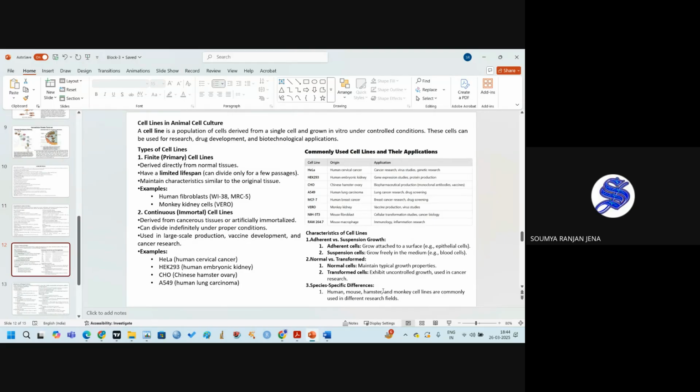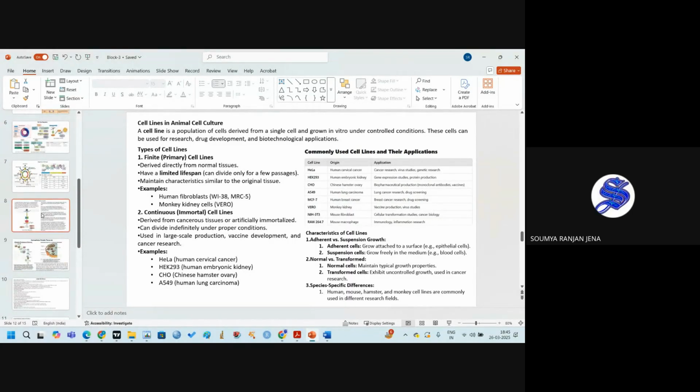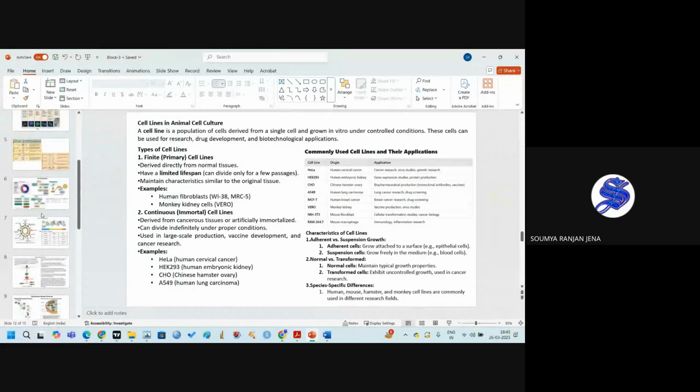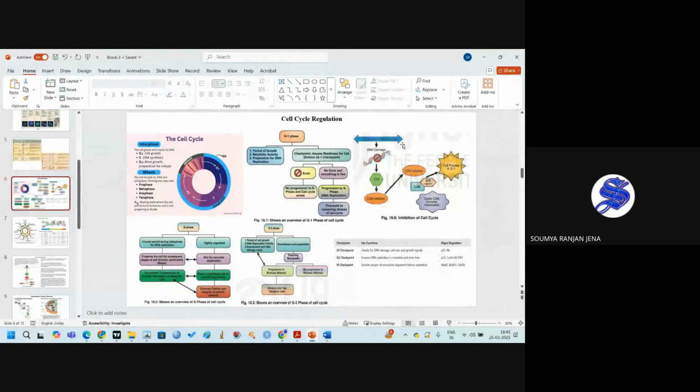like we discussed, this is immortal and it will grow rapidly. If we see the structure of this, if this P53 is mutated, this is a tumor suppressor gene, it will not suppress any tumor or cancer cell. Then the cell cycle is growing, growing, growing.